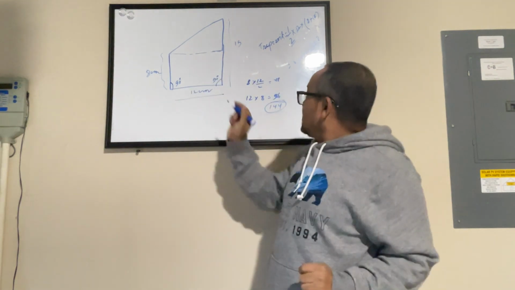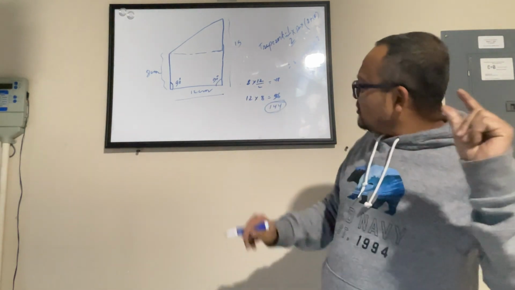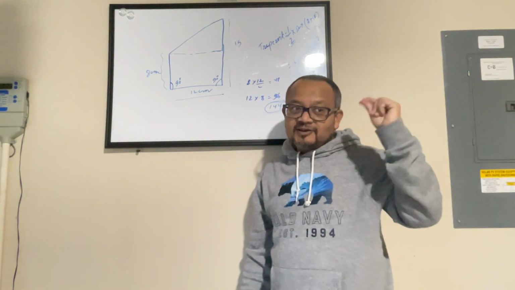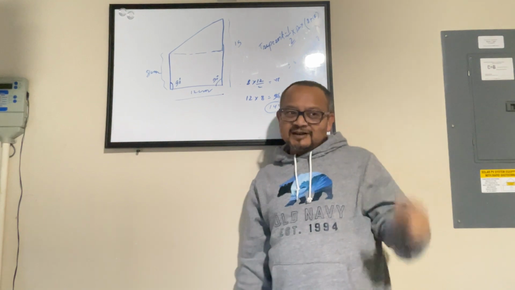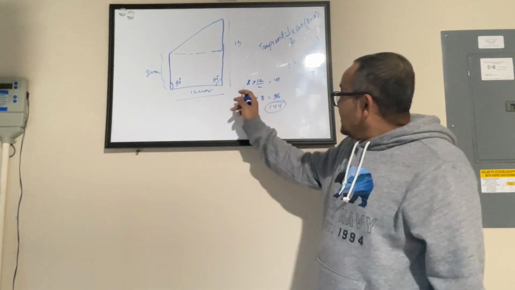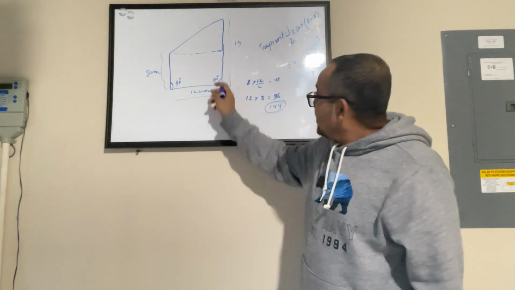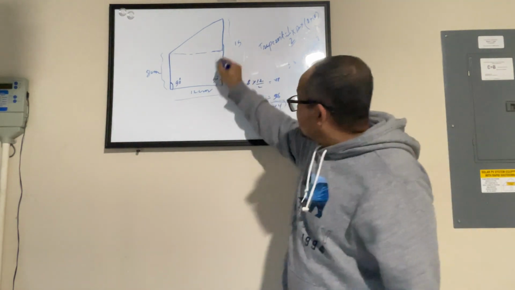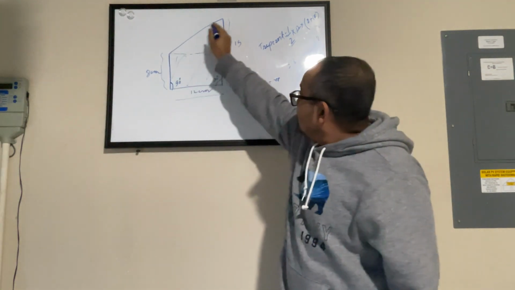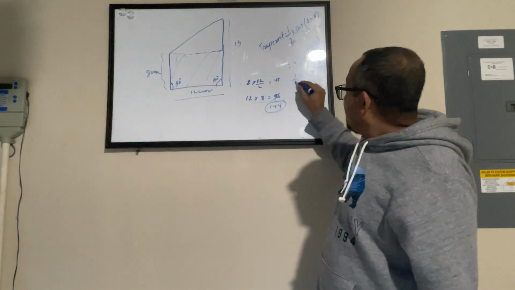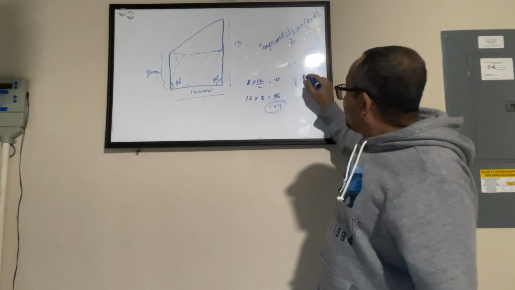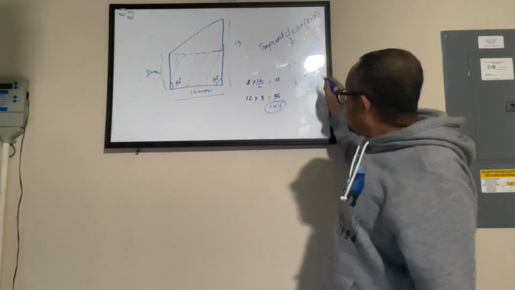Now, in Arna's case, there was one small mistake that happened. Can you think about it and tell me what the mistake is? You said rectangle 12 into 8. That was the area of this rectangle, this part. Now when you look at this triangle, you said half of 12 into 8. Okay?